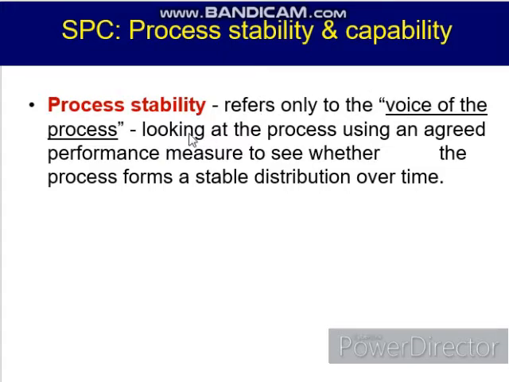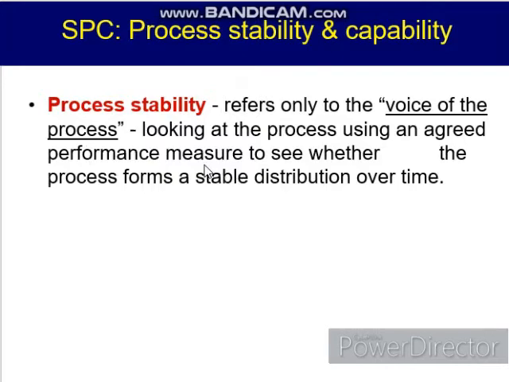Okay. So, looking at the process using an agreed performance measure to see whether the process forms a stable distribution over time. So there are a few keywords in here. When you refer to the voice of the process, it means that you're going to look at the process using the agreed upon performance measure.